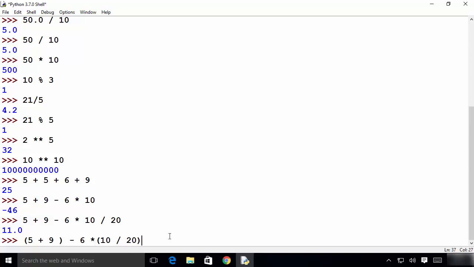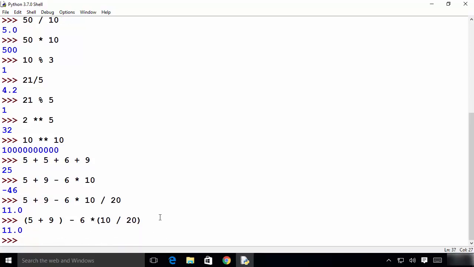So let's press enter and see what the result is. The result here is 11. And how do we get this result? 5 plus 9 is 14, and the division of these two numbers is 1 by 2. So 6 will be divided by 2, which is 3, and then at last 3 will be subtracted from 14, which will give you 11.